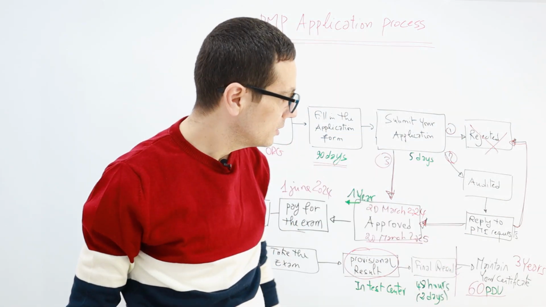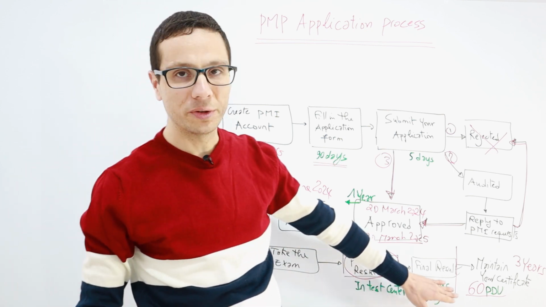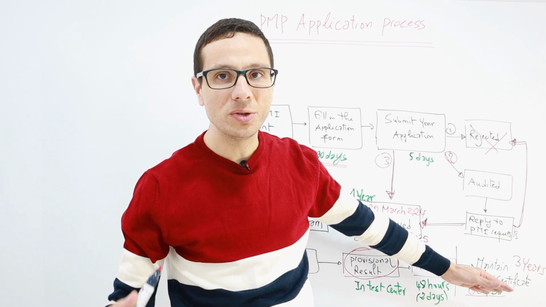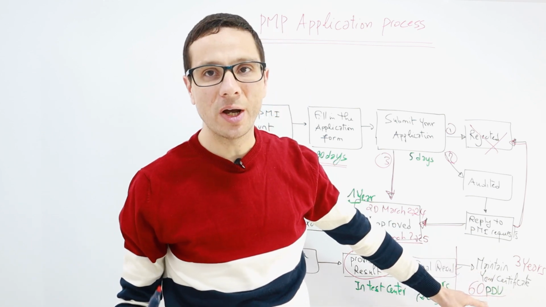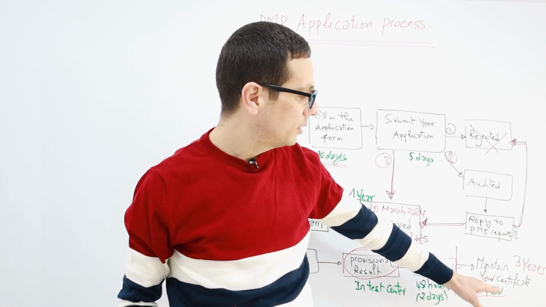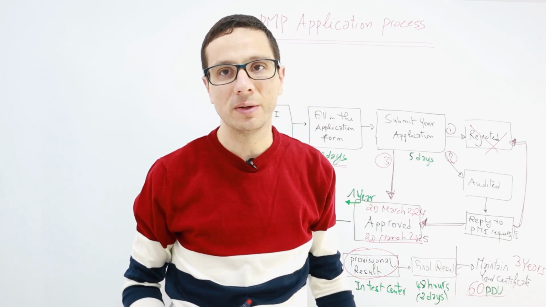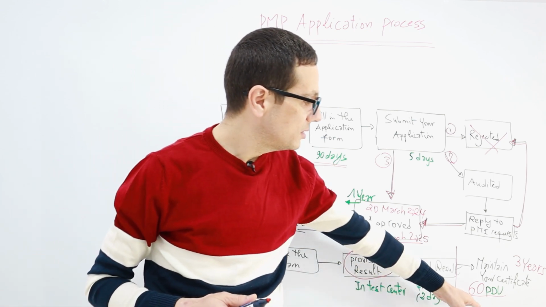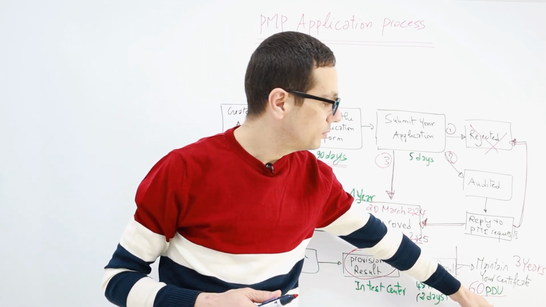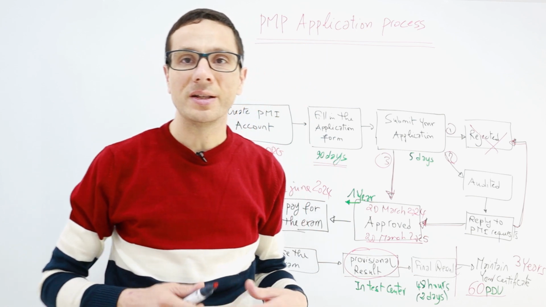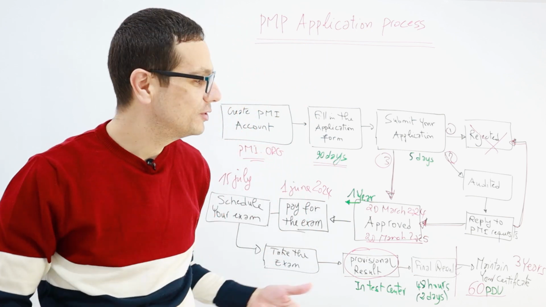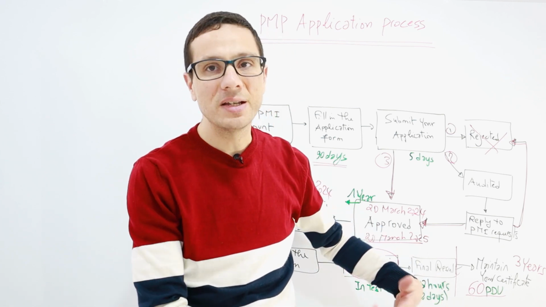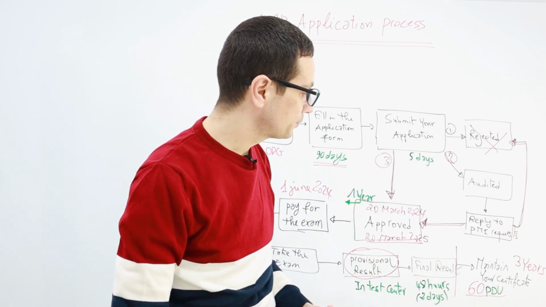But for now, it's just an educational piece of content that you are consuming, and each hour equals 1 professional development unit. During 3 years, you need to collect 60 hours or 60 professional development units and submit them to PMI in order to renew your certificate and maintain it through the years.